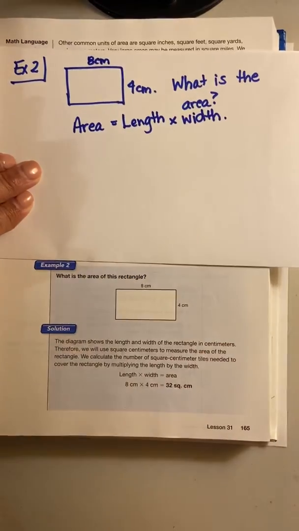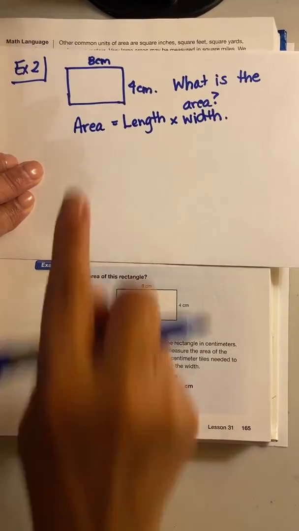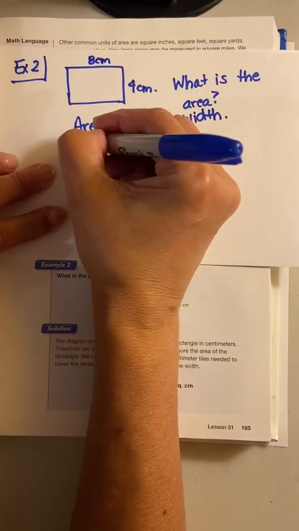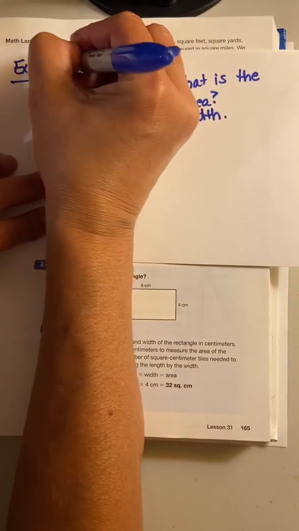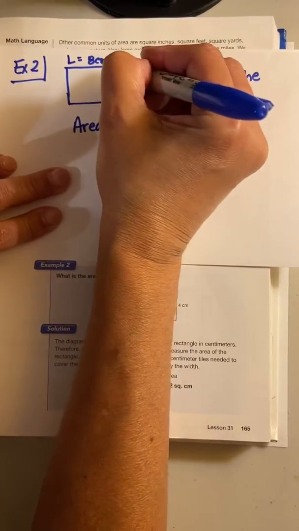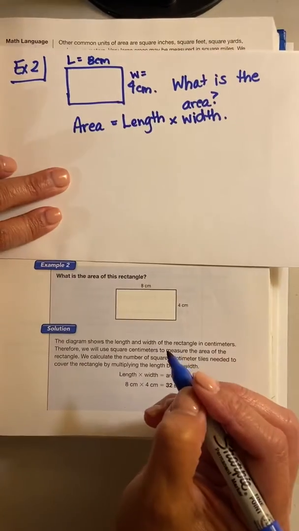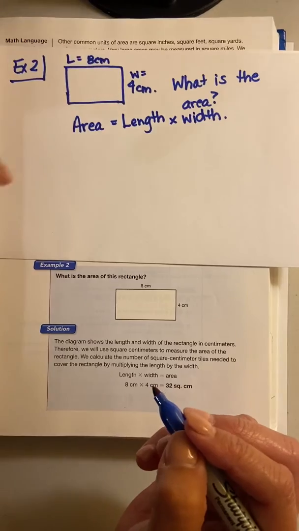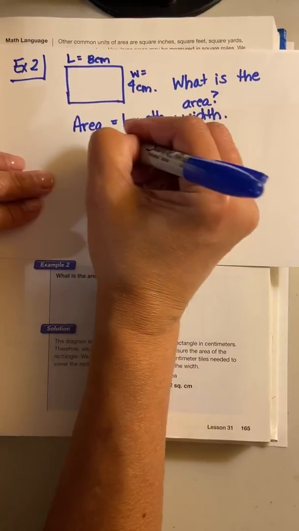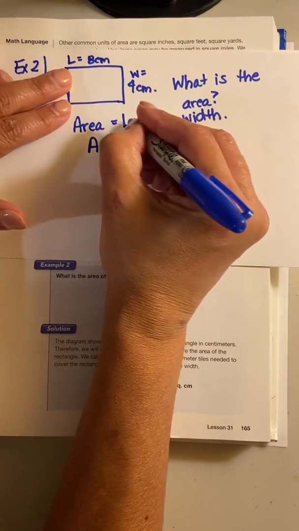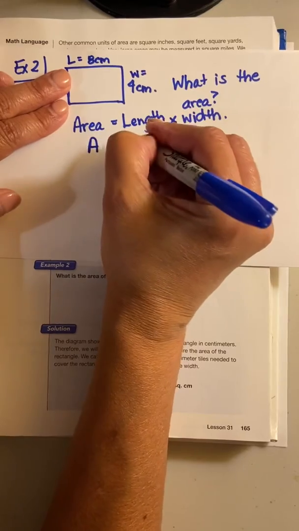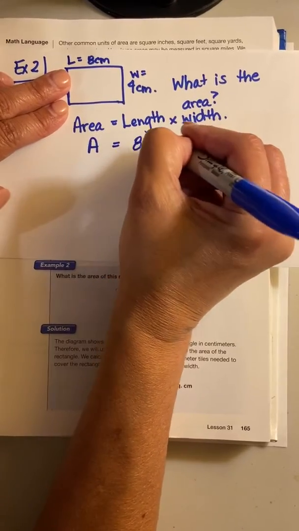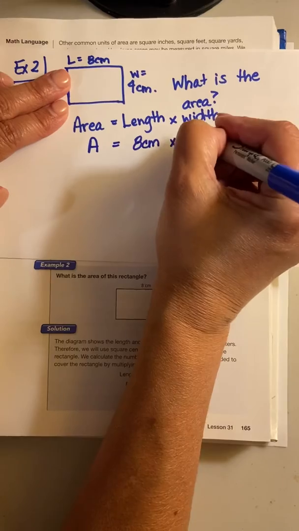You need to memorize that formula. These are called formulas. And I'm going to tell you that area, and I'm going to say L is equal to 8, and the width this time is equal to 4. Now, honestly, it doesn't matter if I make this the width and this the length, because it would be the same thing. But I'm going to say area is equal to, instead of saying L or length, I'm going to put 8 centimeters here times 4 centimeters.